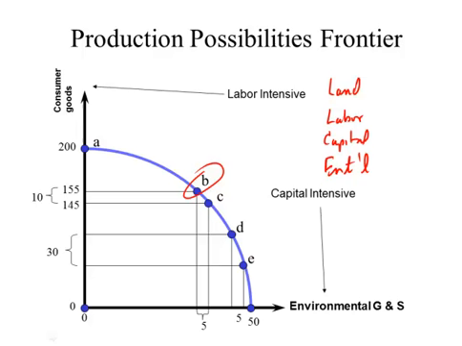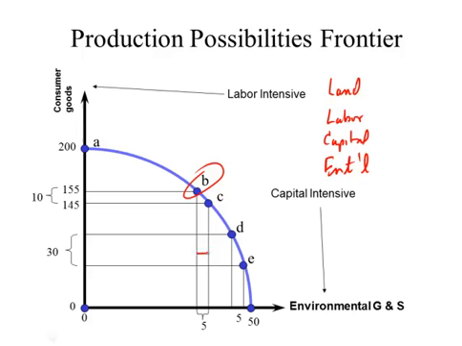And that makes sense. We're going to allocate our resources to what they do best or what's most productive. And so we would imagine that some resources are going to be really good at producing one or the other goods, and that's where we would expect them to be when we're at an efficient state on the production possibilities frontier.